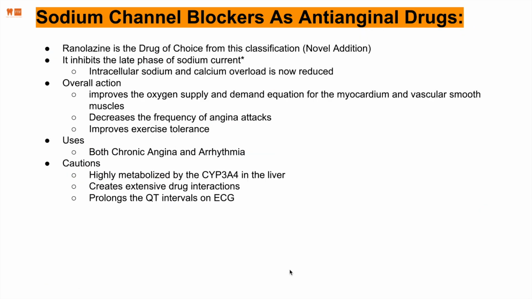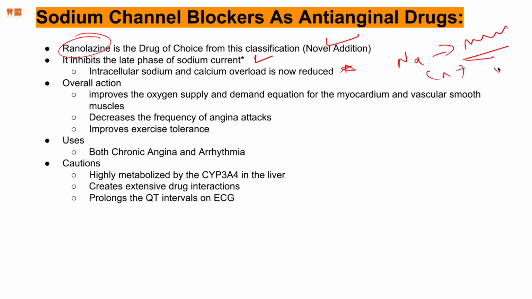Sodium channel blockers. This is ranolazine, which is a drug of choice in this classification. However, it's fairly new. It inhibits the late phase of the sodium current. What does that signify? Well, intracellular sodium and calcium overload is reduced, essentially. Now, sodium propagates ATP signals.